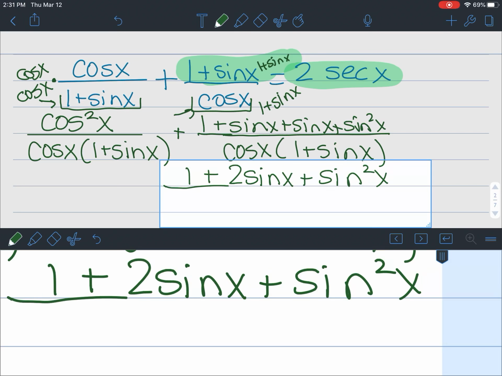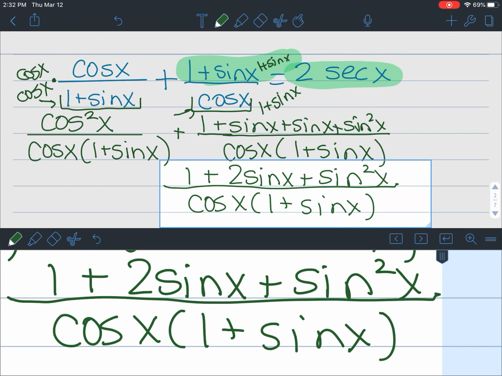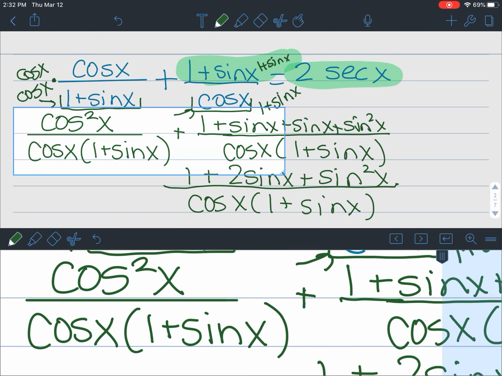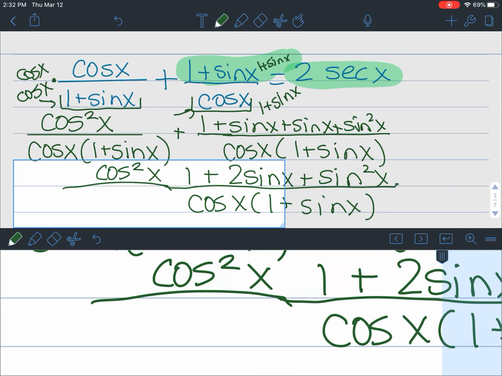And at the same time, I could add the tops of these two fractions together, sort of save me a little bit of writing. Let me get the denominator in here. Because that was the point of this anyway, was to put the tops of the two fractions together. So I can just sort of do that in one step. Don't skip too many steps, but this step's okay.